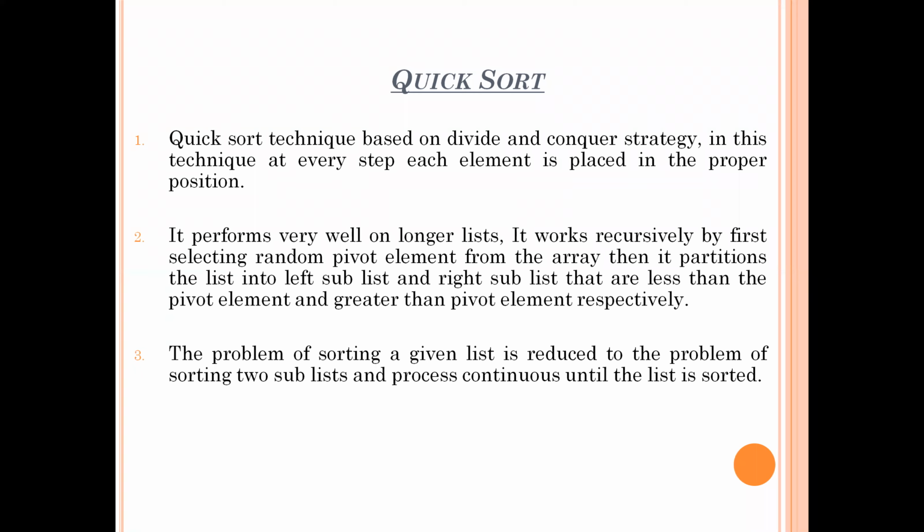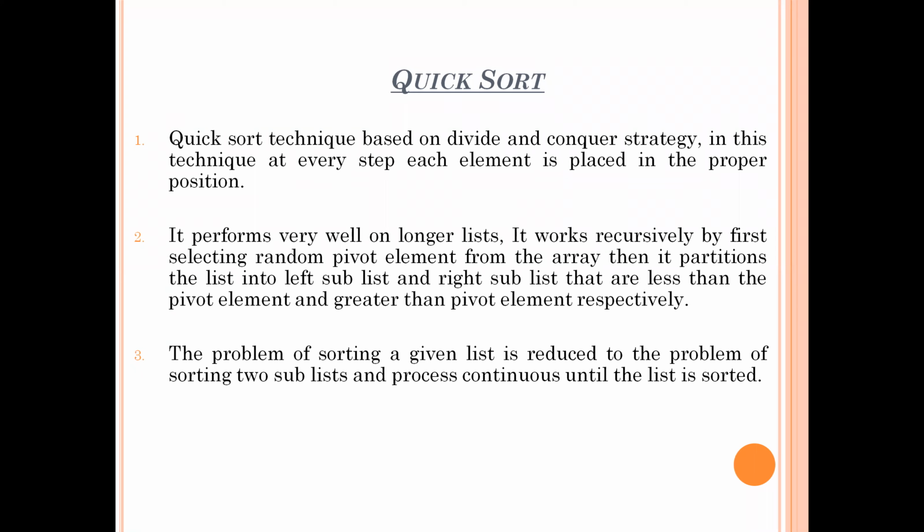First you select the pivot, and in the list of elements you find the right position of the pivot. After finding the right position, the pivot is placed there. After it is placed, the elements to the left of the pivot become the left sublist, and the elements to the right of the pivot become the right sublist.